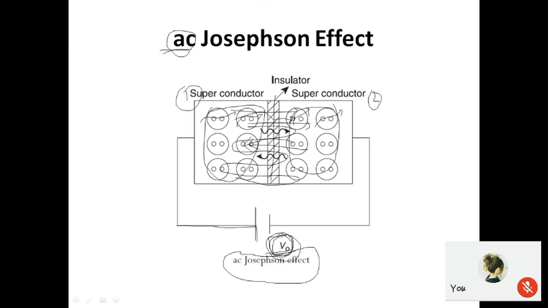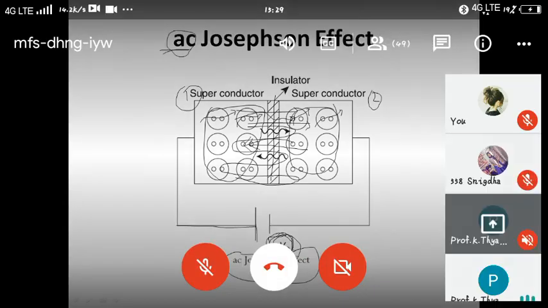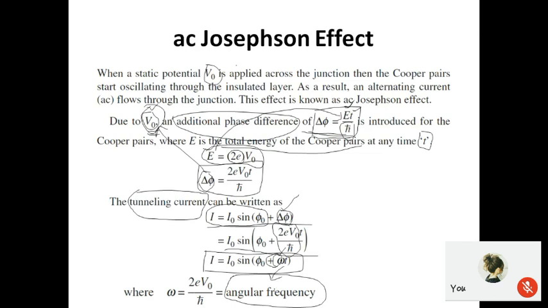In the case of the AC Josephson effect, we apply a voltage of V naught across the insulating layer, due to which it introduces an additional phase difference of delta phi, which is given by 2eVt by h bar. That additional phase difference introduces an angular frequency in the corresponding expression for the supercurrent.